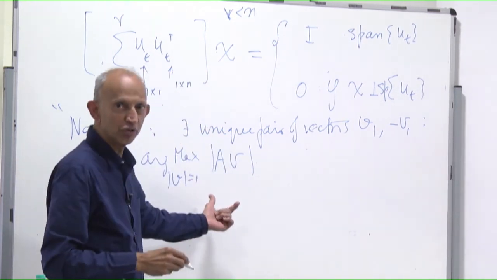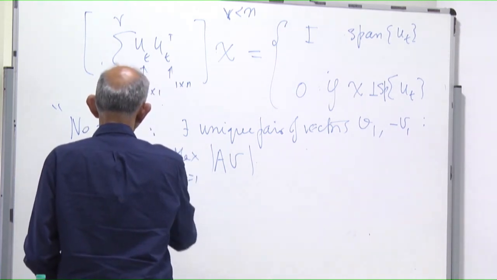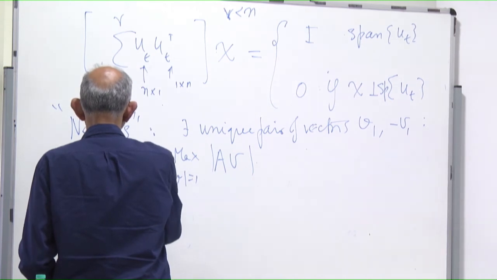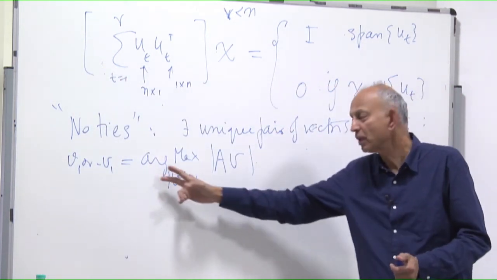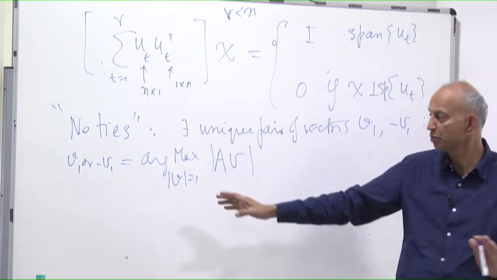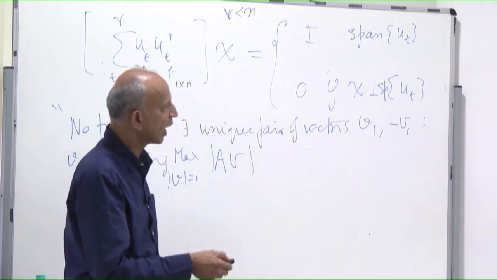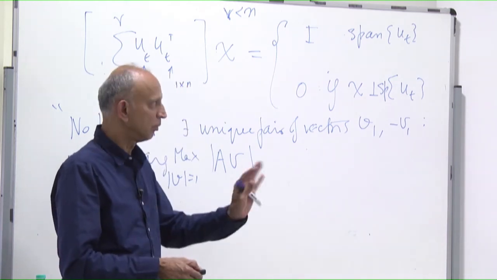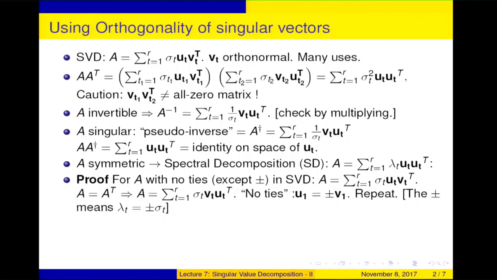This is how we define the first singular vector, the best fit line, right? So that's equal to v1 or minus v1. I cannot avoid having two of them; I can always put a negative sign, that's all right. But I will say by no ties, informally, that there are only plus or minus. Okay? So if that's the case, we have a proof.